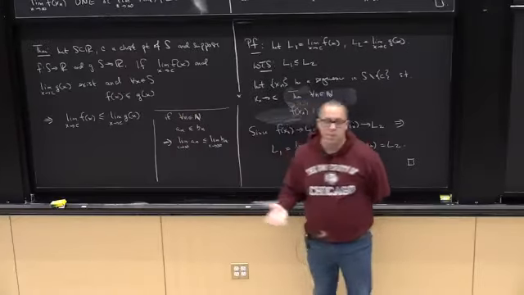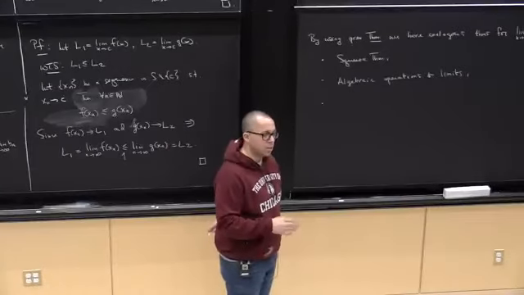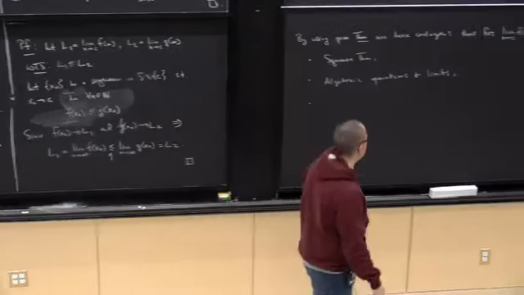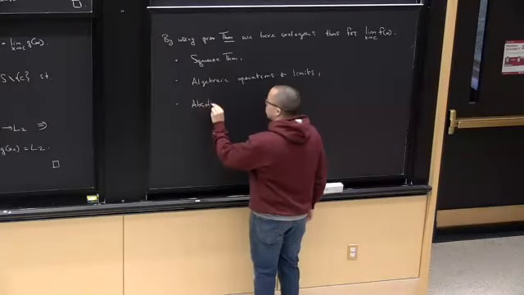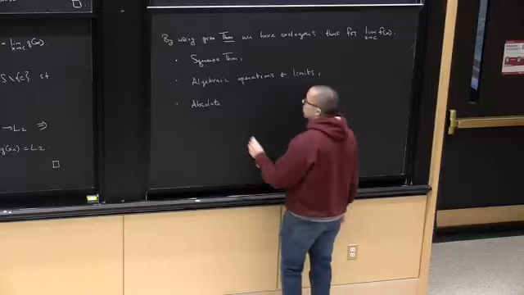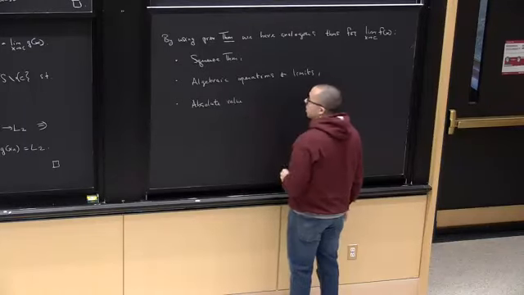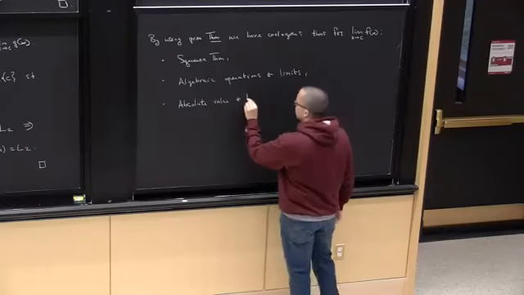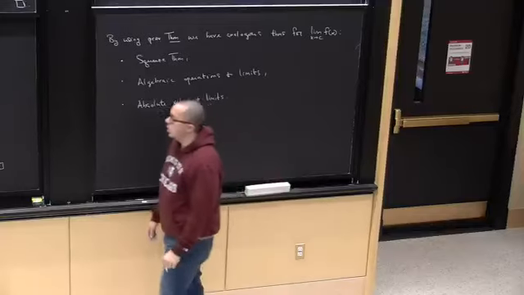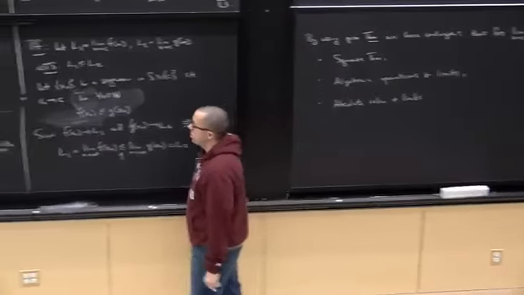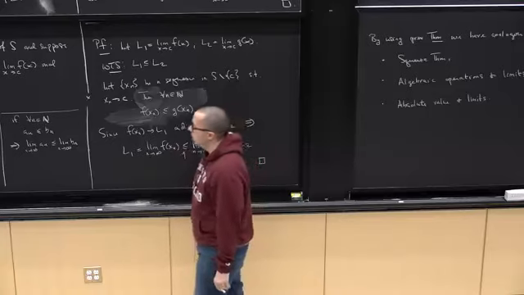Same thing with the product, and same thing with the quotient, assuming the limit on the bottom is non-zero. And similarly, we also have a theorem about the absolute value and limits. Namely, if f of x converges to L as x goes to c, then the absolute value of f of x converges to the absolute value of L as x goes to c.